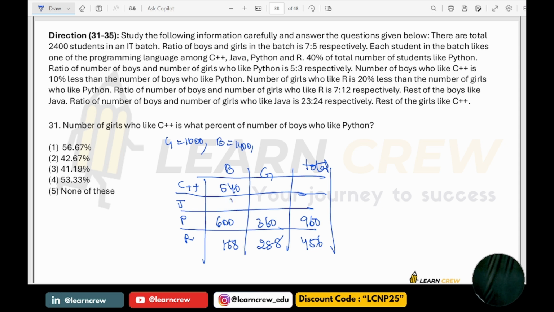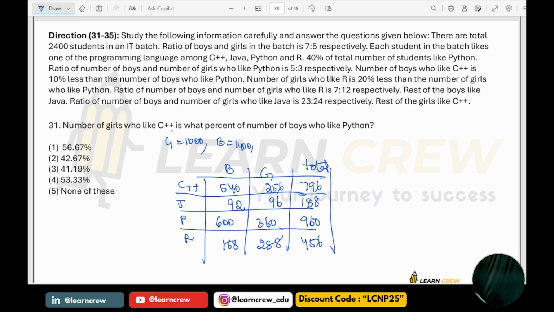You have 92, right? And the ratio of boys and girls who like Java is 23 parts 92, 24 parts 96. 92 plus 96 is 188. The remaining total out of 2400, if this is subtracted, is 796, and the remaining girls would be 540 plus how much would be 796? 256. This is the thing.